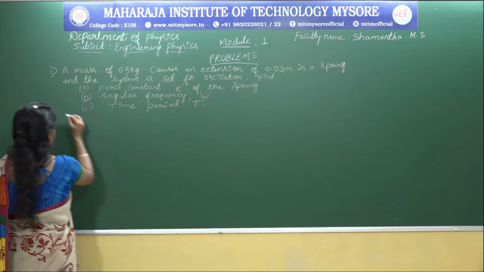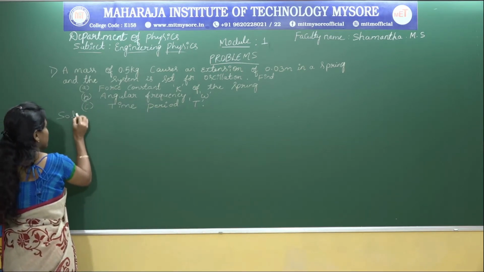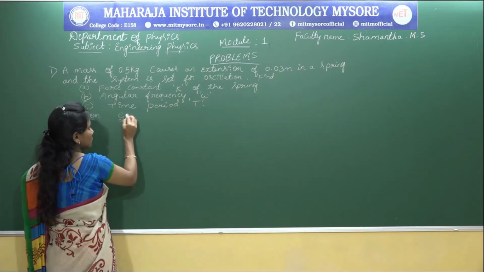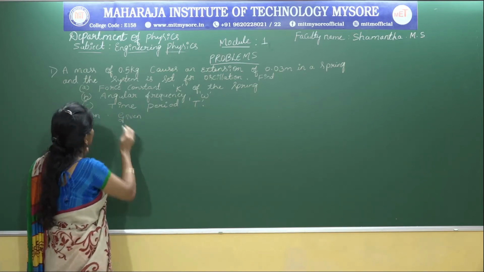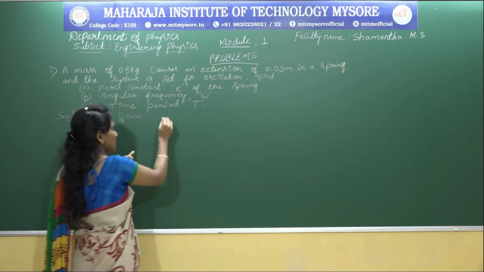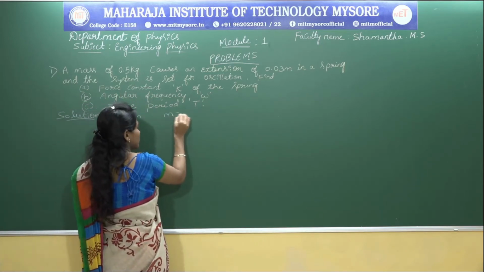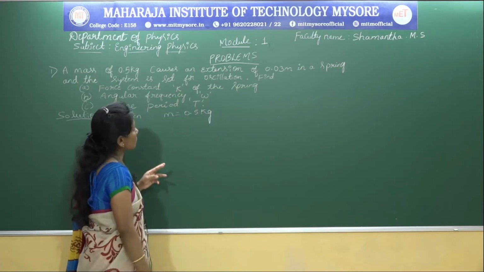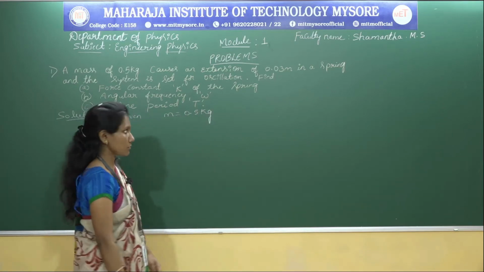Now we have to find the solution. What is given? A mass of 0.5 kg causes an extension of 0.03 meter.